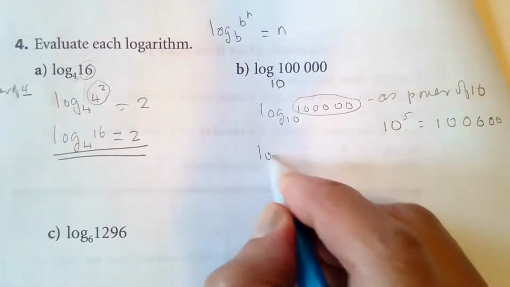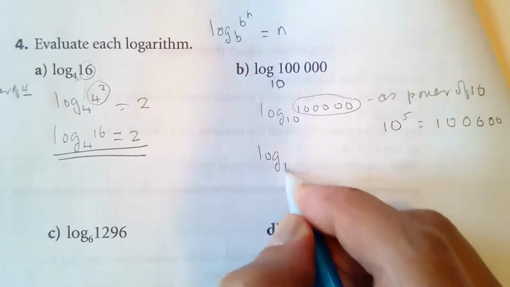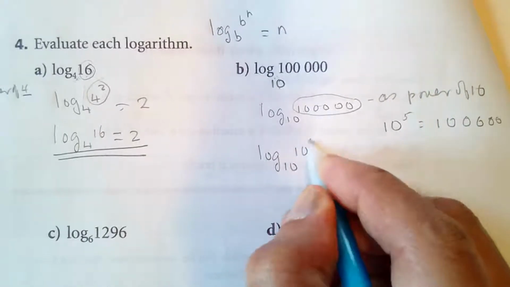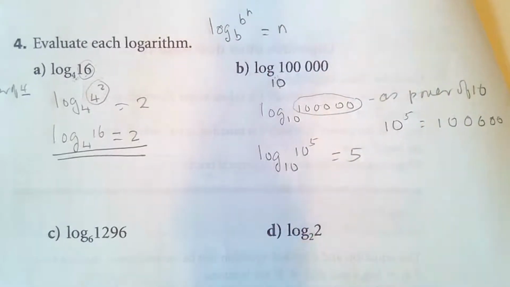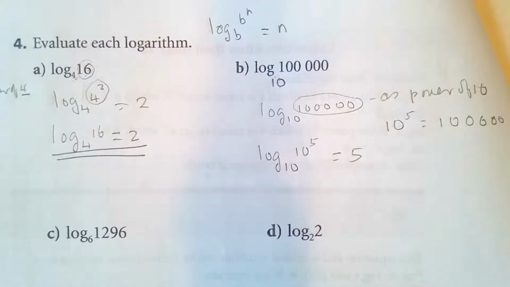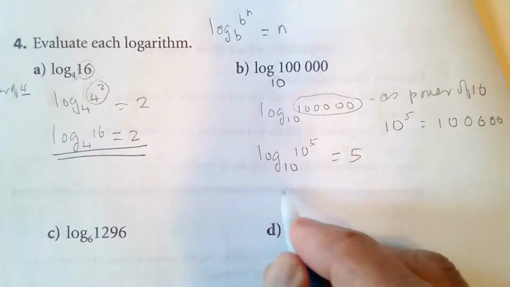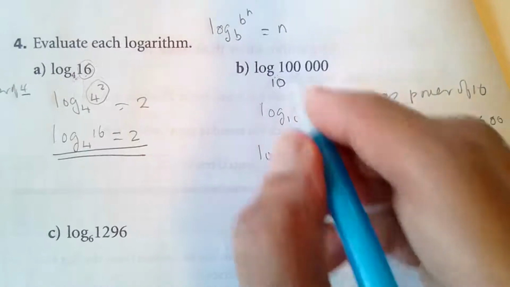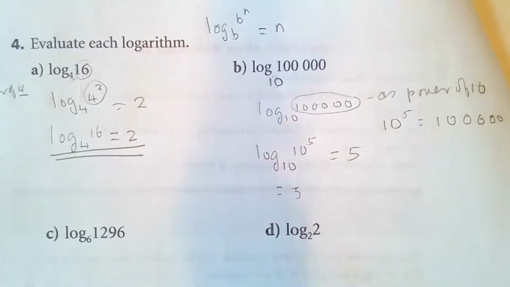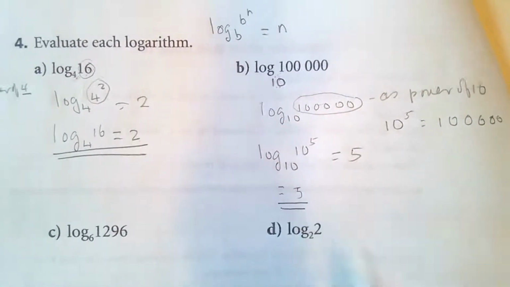So we have log base 10 of 10 to the power of 5, which is equal to 5. So the answer is 5. So log base 10 of 100,000 is equal to 5.